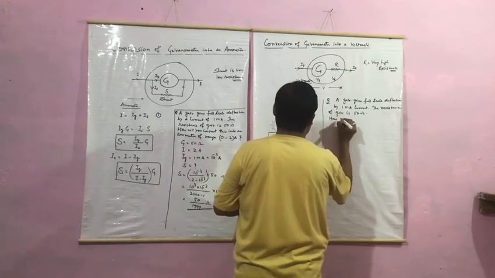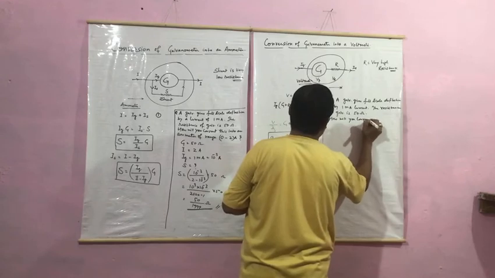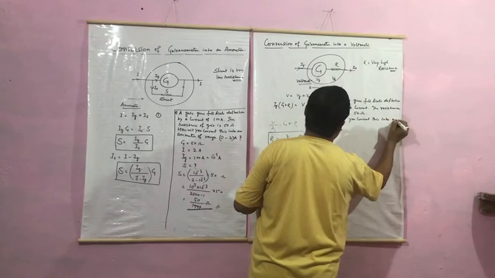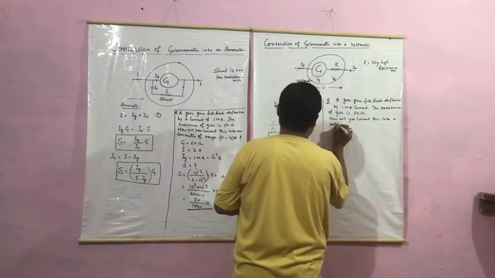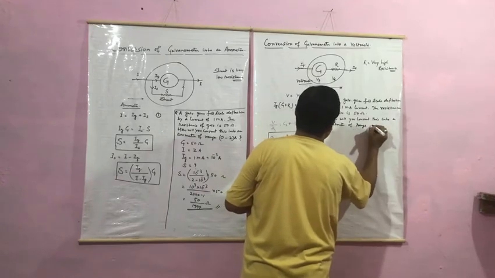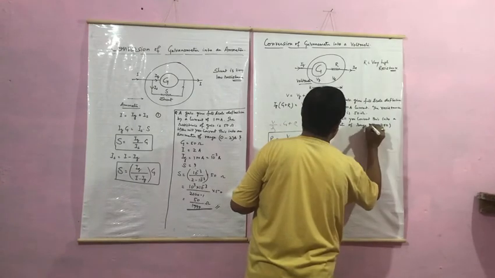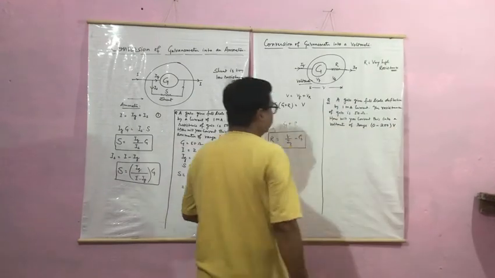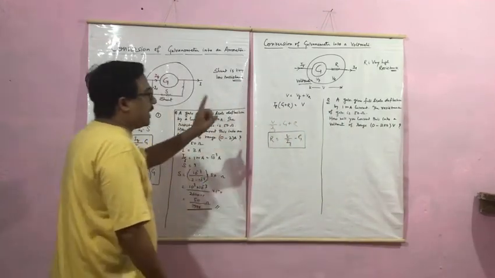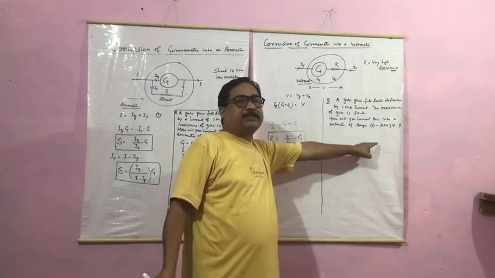How will you convert this into a voltmeter of range 0 to 200 volt? This is the question. So we have to convert this galvanometer of resistance 50 ohm to a voltmeter of range 200 volt.